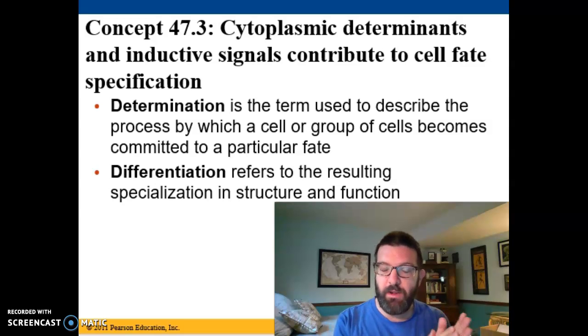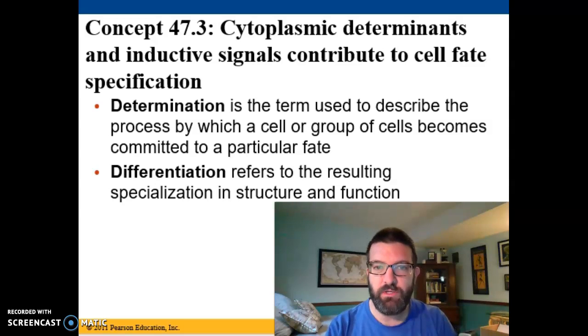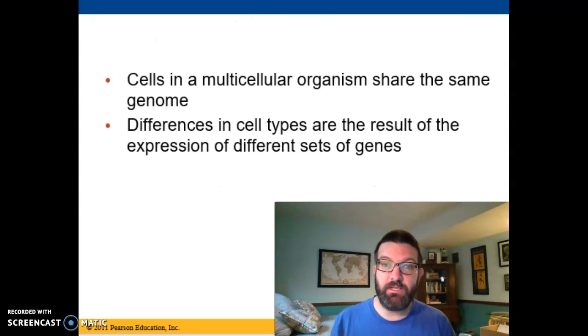That sets you on that path, and differentiation is like taking the classes along the way in college to get your specialized knowledge. And you have a lot of different kinds of specialized cells and tissues, but all of your cells have the same genome, the same 46 chromosomes with the same sets of genes on them. So it's not a matter of having different genes, it's a matter of expressing different sets of genes in different kinds of cells, turning on certain genes and turning off other genes.